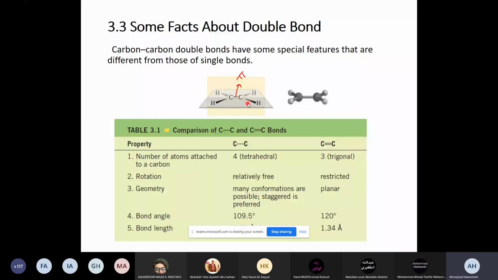So any carbon at this double bond makes 3 sigma bonds, 1, 2, 3, and 1 pi overlap. The 3 sigma overlaps require 3 half-filled orbitals, and the pi overlap requires 1 half-filled p orbital.